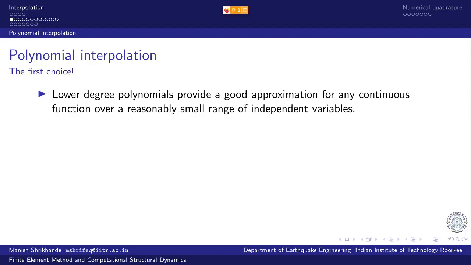Now, if ni can be defined as a polynomial, if I can choose it as a polynomial, then it is very convenient. The polynomial is the first choice because it is very convenient and it is an infinite family. I can keep on adding more and more degrees without any need to bother whether these are linearly independent or not. Polynomial terms are always going to be linearly independent. They are guaranteed to be linearly independent. That's how they are defined. So zeroth degree term is a constant term, linear term is x, quadratic term is x square.